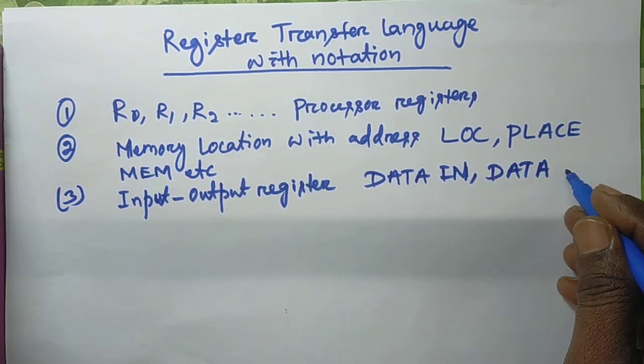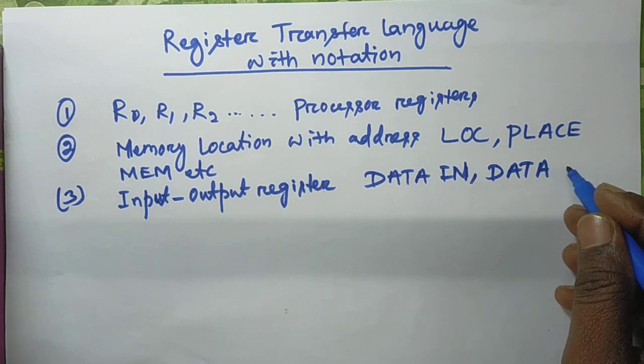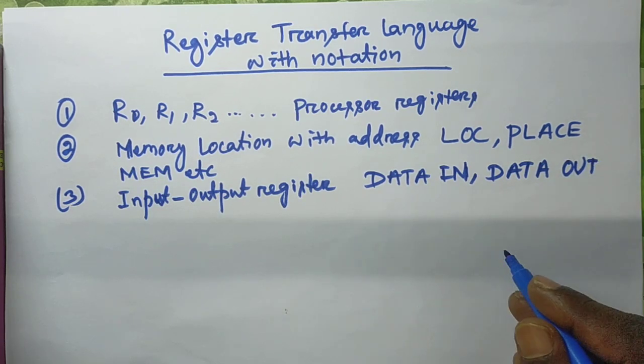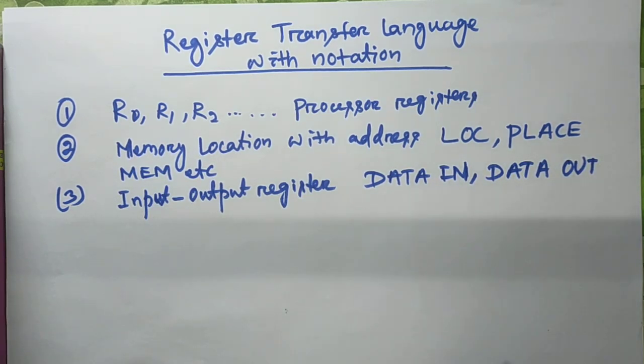Two ways, data in or data out, we can define. There may be other ways also, but this is a standard notation used for registers.